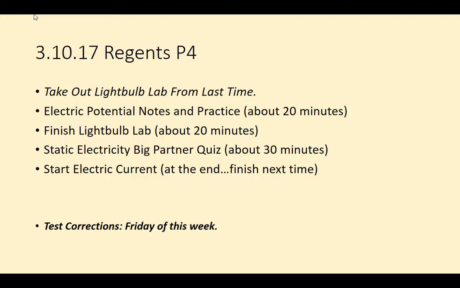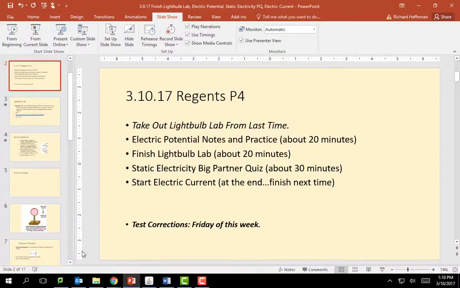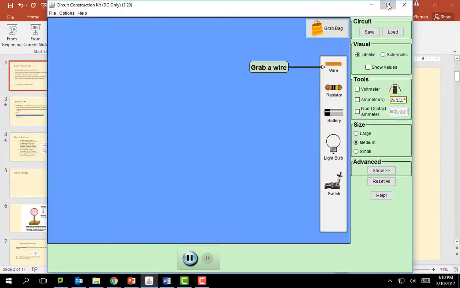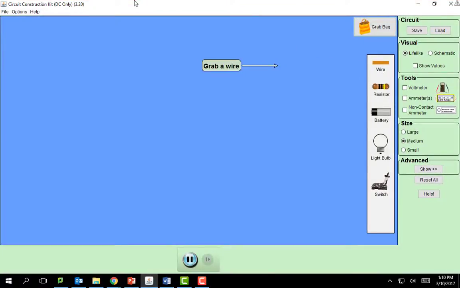But last time in the light bulb lab, we made a light bulb light up. That was the entire purpose of the lab, to light up a light bulb. And when we did the light bulb lab, we then looked at this circuit simulator, and we saw that in order to have a light bulb lit up, you could not just take your wire and connect it to the light bulb like so, like we tried to.